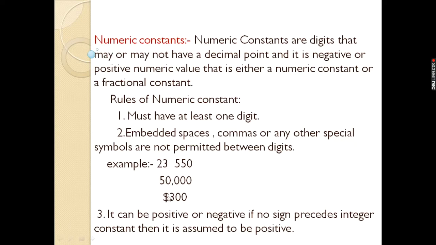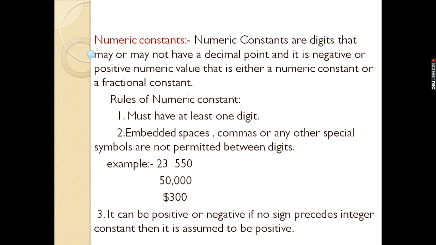Next, 50,000. This number has a comma, and another number has a special symbol, so these examples are not permitted for a numeric constant.